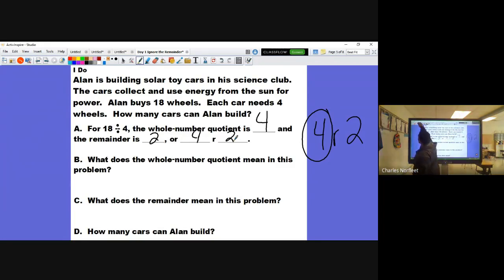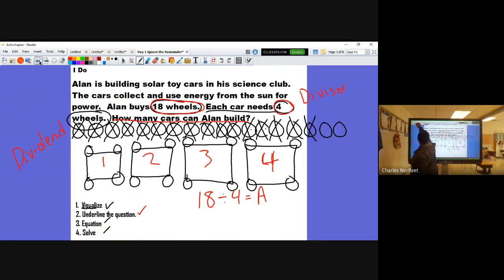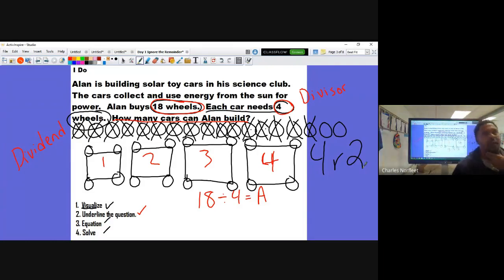When we ask what the whole number quotient means in this problem, let's go back to our visualizing step. Remember, the answer was 4 remainder 2. And I want to take a pause right here. Does anybody see a relationship between this answer, 4 remainder 2, and the number of bottles that I bought?